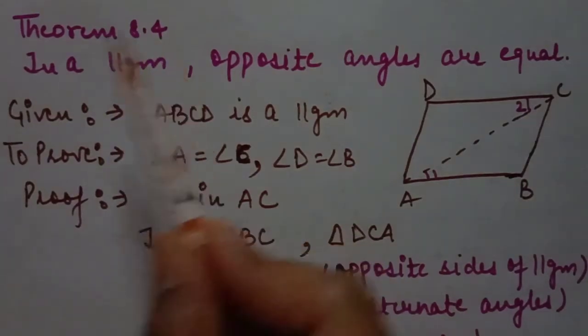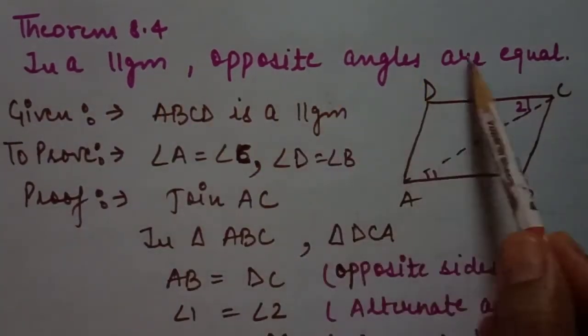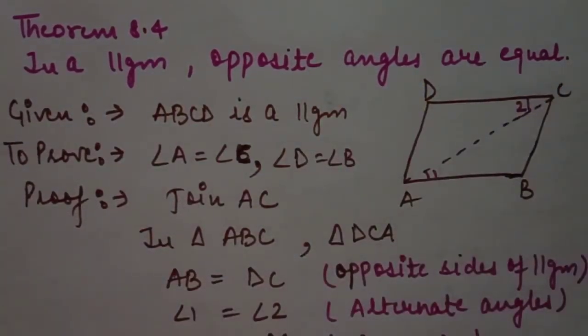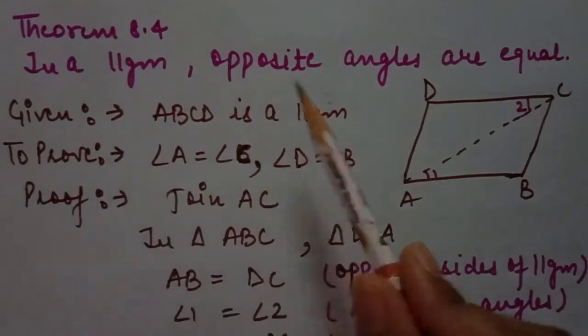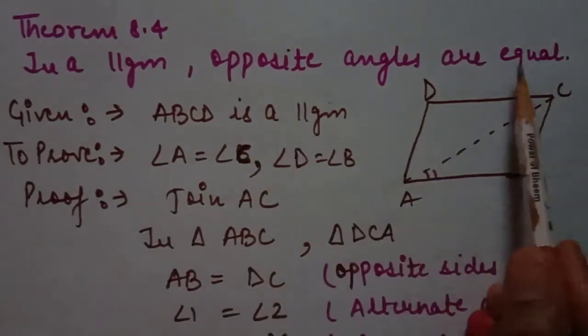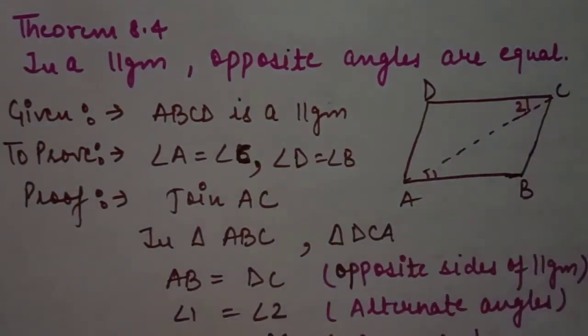Theorem 8.4. In a parallelogram, opposite angles are equal. It means a parallelogram is given. We have to prove that opposite angles are equal. Now some students are thinking that it is a property of a parallelogram that opposite angles are equal.